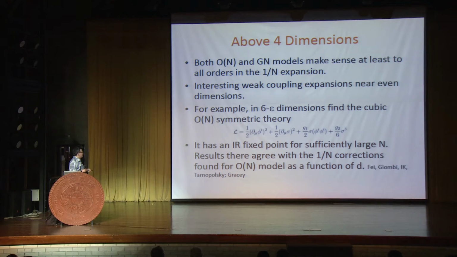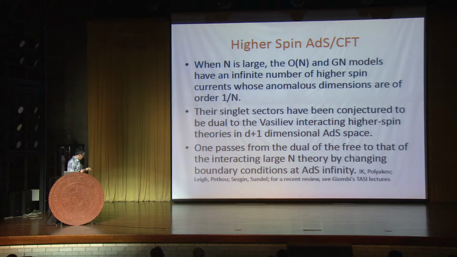So now let me end the talk with something maybe a little bit better, which also makes you believe in this business some more. One of the motivations for why I started studying these models is partly because they can teach you something about higher spin quantum gravity in AdS space.